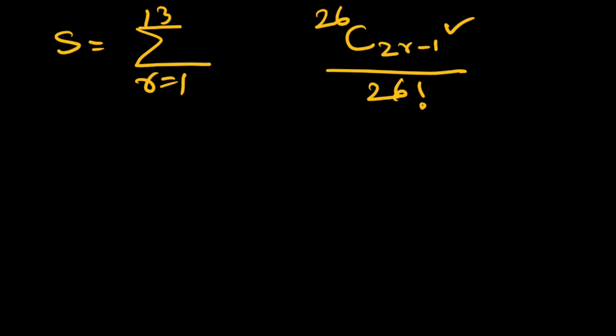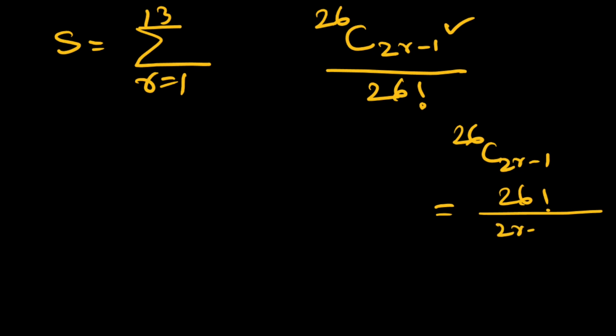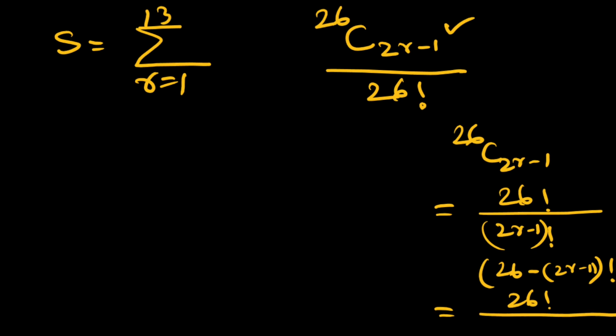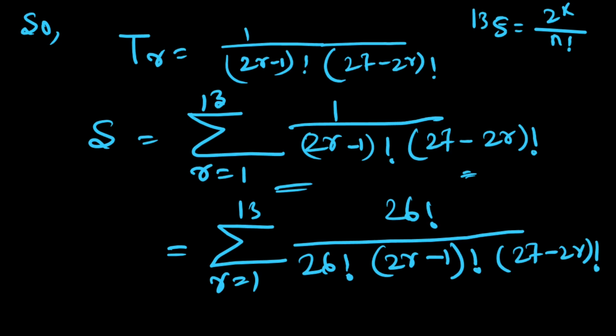If we break this 26C(2r minus 1), we see 26 factorial, (2r minus 1) factorial, and (26 minus (2r minus 1)) factorial. That is 26 factorial over (2r minus 1) factorial and (27 minus 2r) factorial. That is exactly here. This term is here.